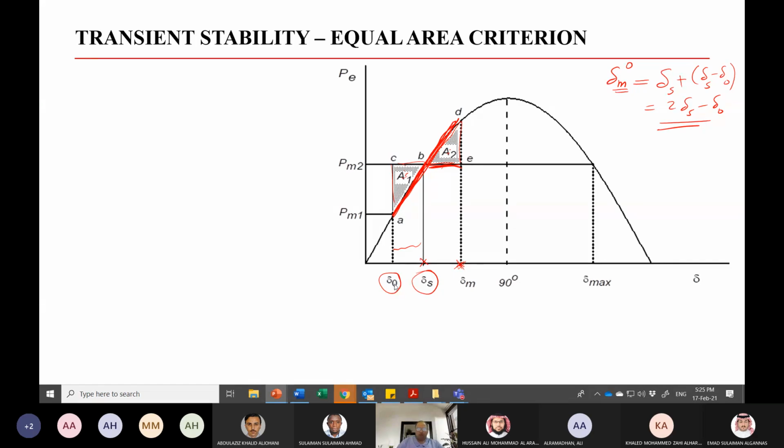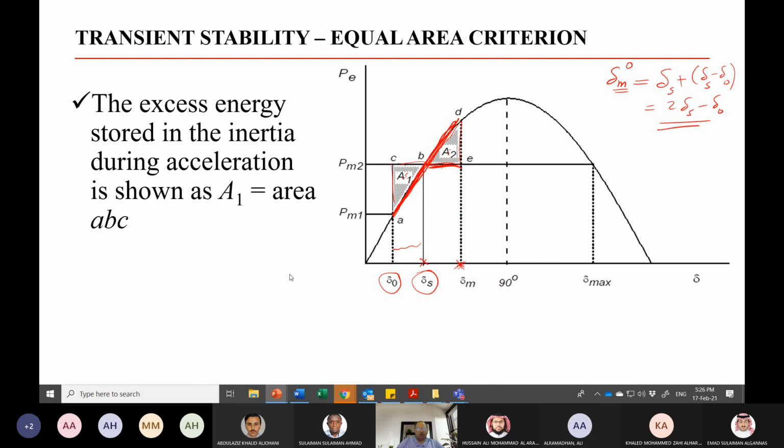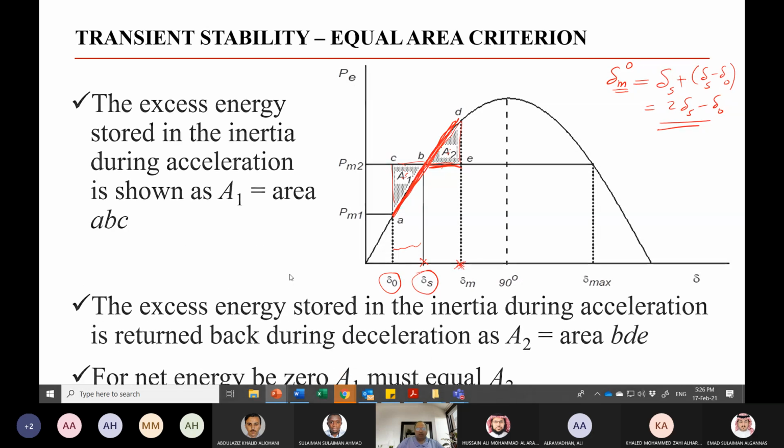Delta S is known, delta 0 is known, P mechanical 1 and P mechanical 2 are all known. The only unknown here is delta M. So if we solve this and have delta M less than delta maximum, the system will be stable. Otherwise, the system will not be stable. So you calculate A1 and A2, the areas under the curve, and so on.